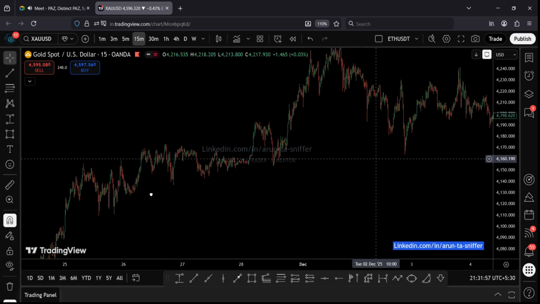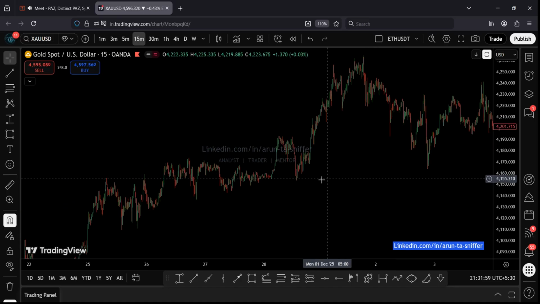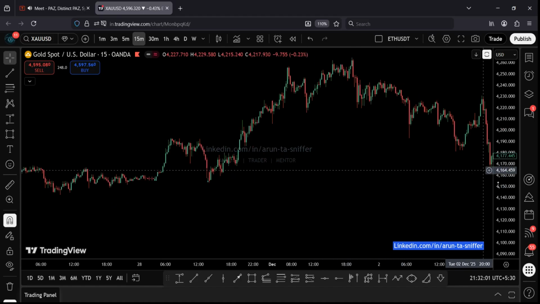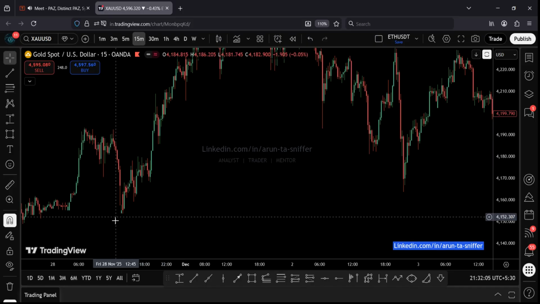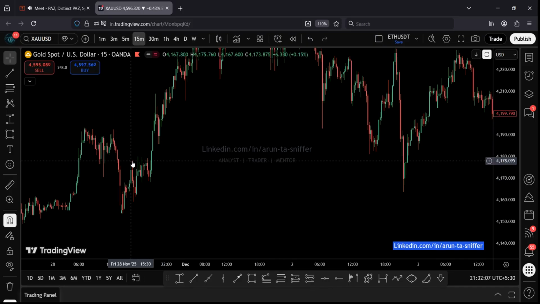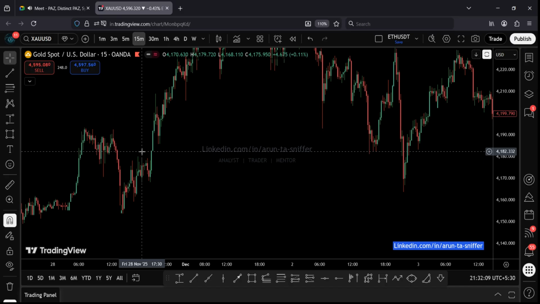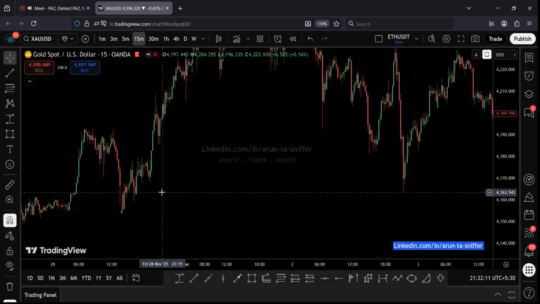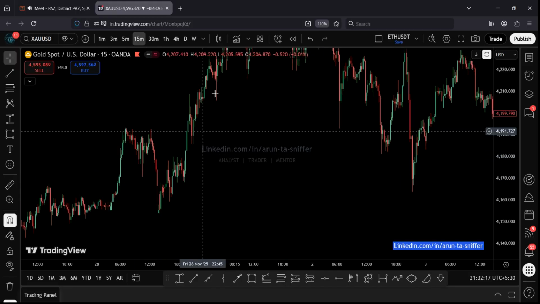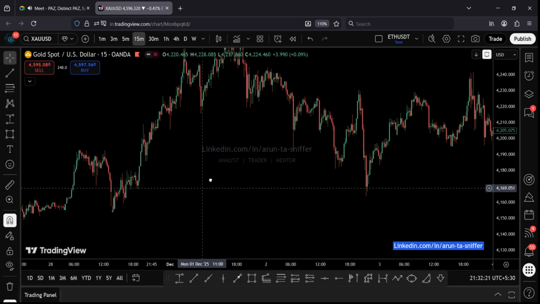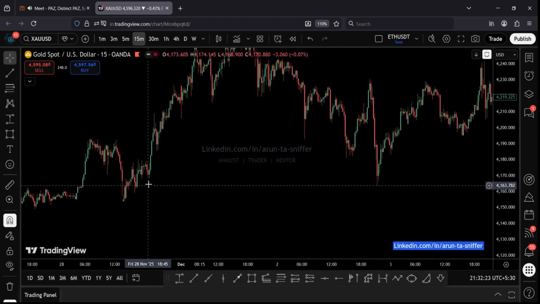Here we have, look at this. What happened here? Price comes down, then goes up, comes down, then goes up, and comes down, right? So what happened? Price goes up, and when it comes down, it came down to cross this.